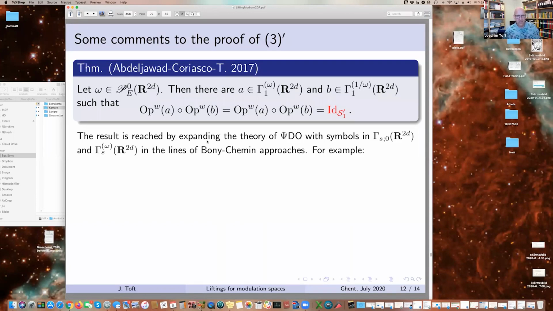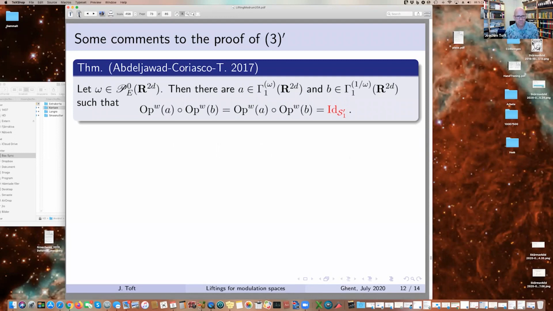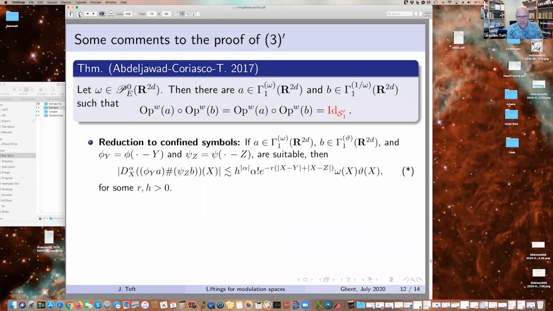So the main idea was actually to expand on the theory of pseudo-differential operators with symbols in these Gevrey classes, along the lines of what Bonnet and Germain did. For example, we had to find some analogies to this confined symbol approach.